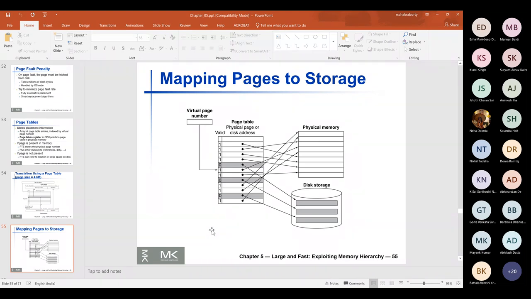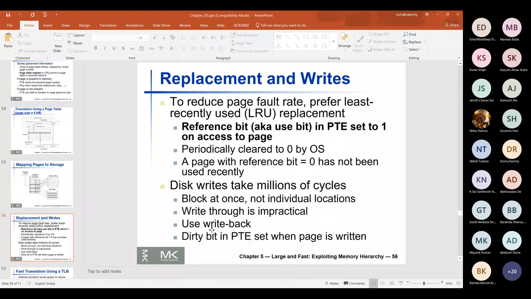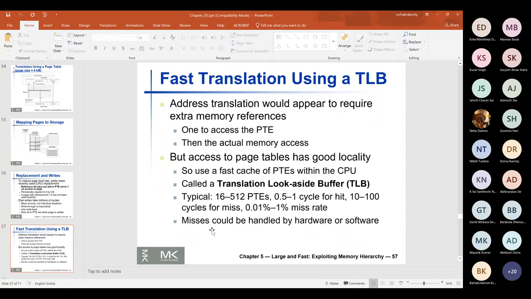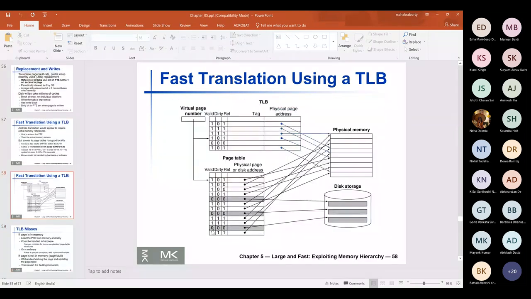Only when you do not find that information, you have to go to main memory, consult the page table, get that information into the small cache-like memory on the CPU, get the page address, whatever. That small cache-like memory inside the CPU is called a translation look aside buffer, or TLB.